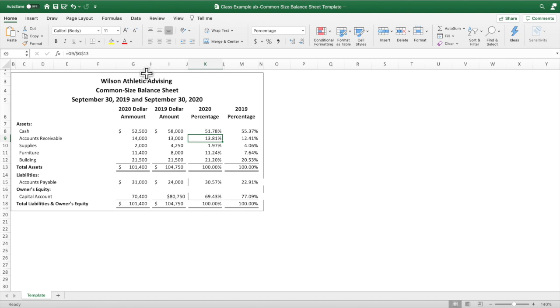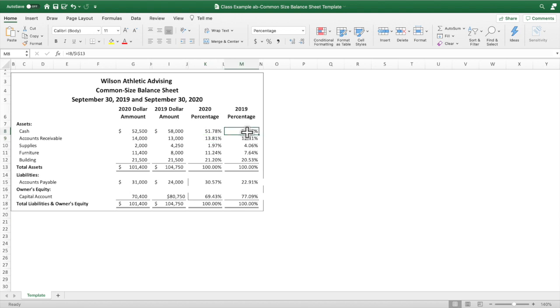Alright, and we see at 51.78%, the cash accounts for 51.78% of Wilson Athletic Advising total assets for 2020.